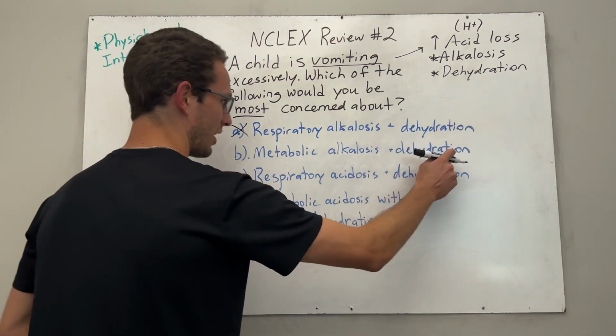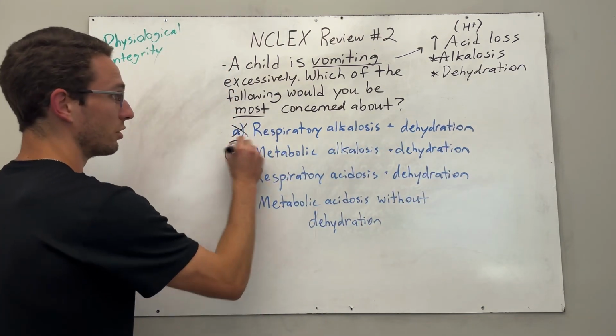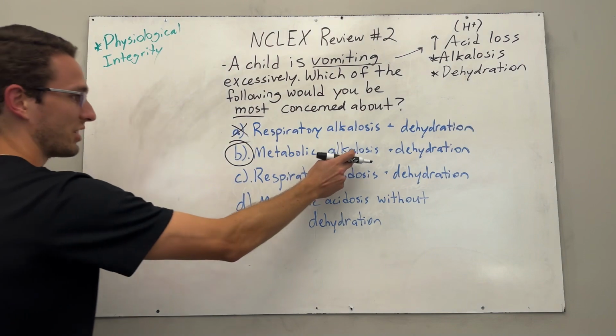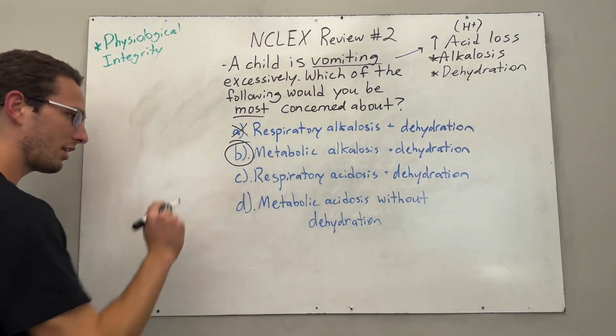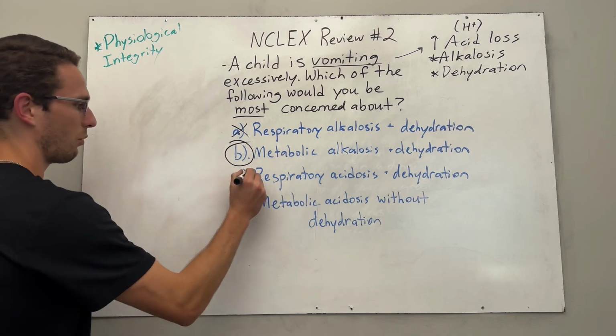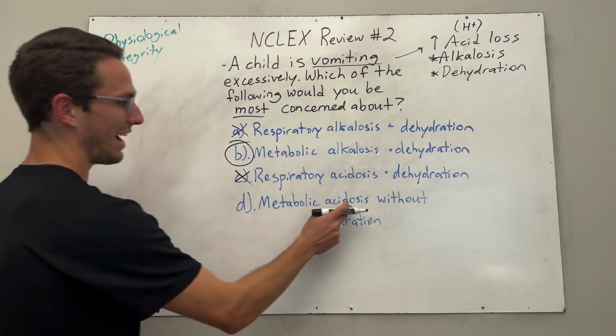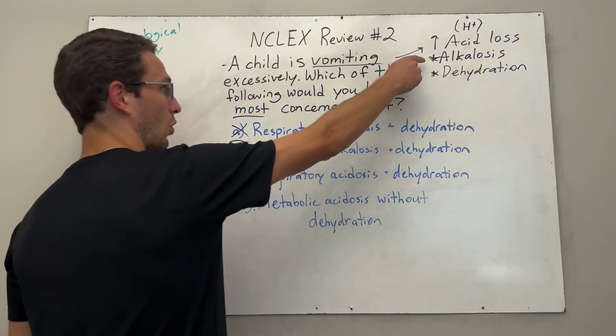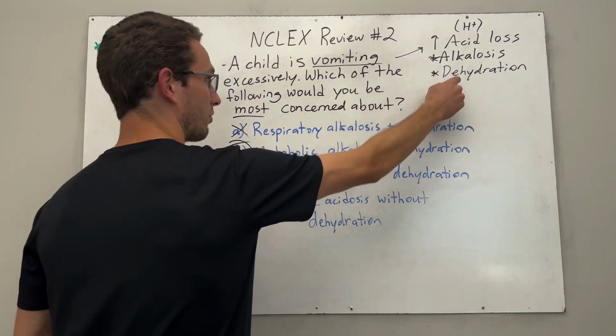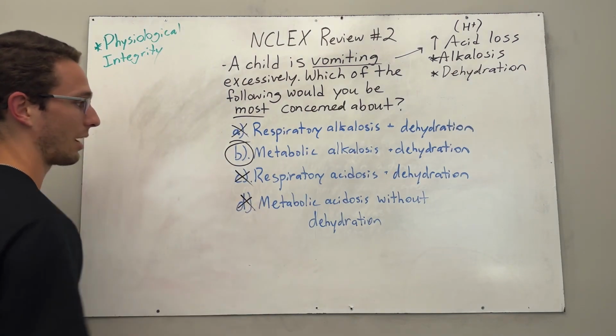Alkalosis and dehydration. This would be true. We're basically losing the acid through vomiting, makes it alkaline, and we're losing fluid, dehydration, metabolic. Wonderful. Let's check the last ones. Respiratory, once again, that would not be correct. Metabolic acidosis without dehydration. This would not be true because remember, we're becoming more alkaline and we are losing fluid, therefore we are being dehydrated, so D would not be correct either.